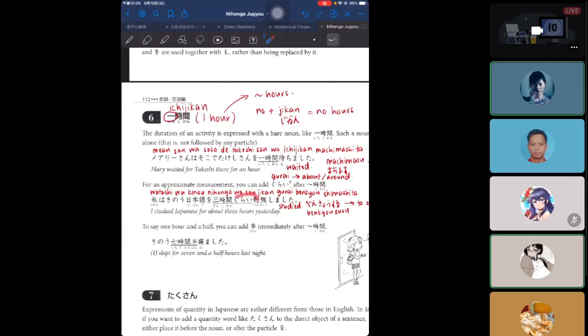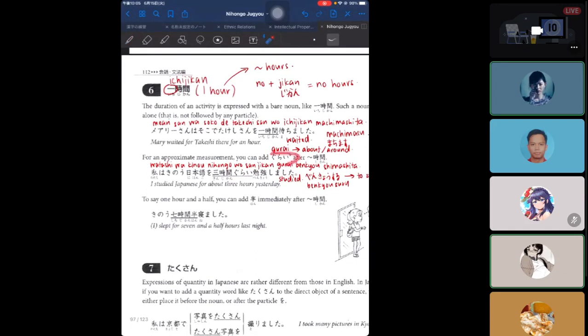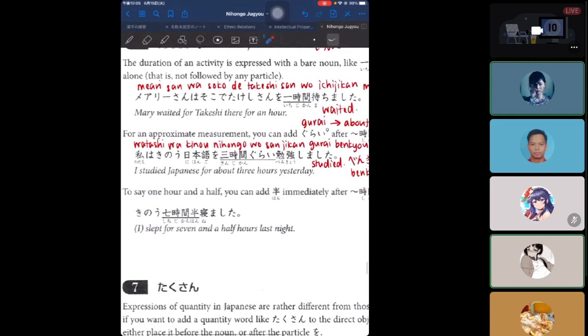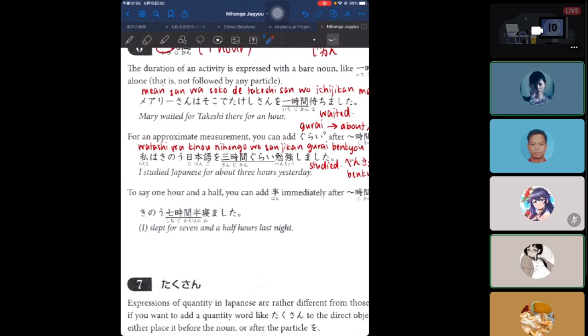So you use ぐらい when you want to do a rough estimation, about or around. And then if you want to say about 1 hour and a half or 2 hours and a half, basically half, you just add 半 at the back. 半 means half, or in other words, 30 minutes.